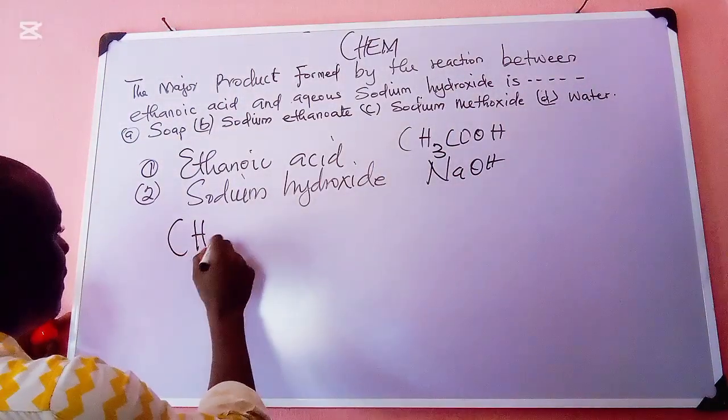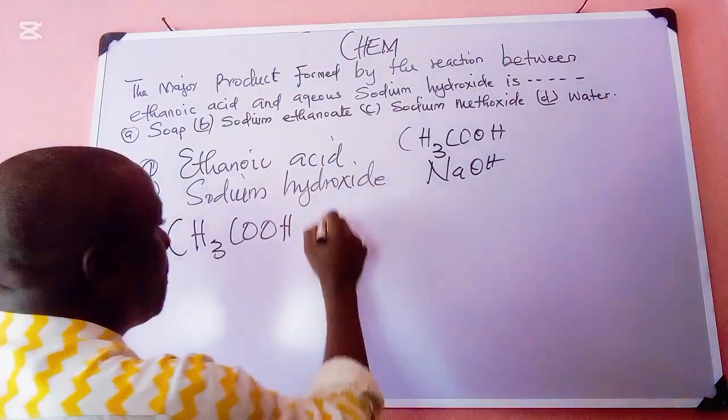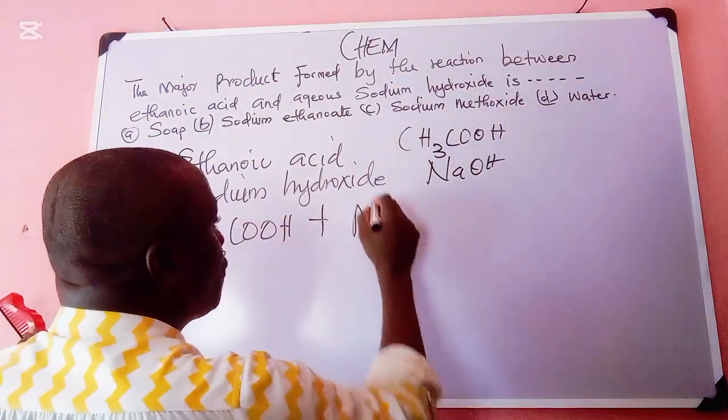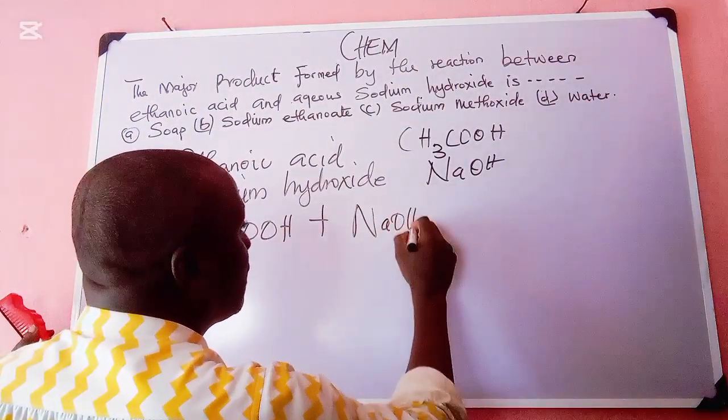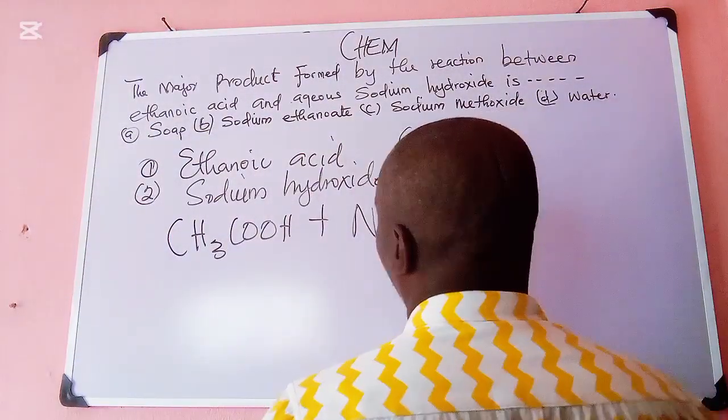So we now have ethanoic acid plus sodium hydroxide. So let's balance the chemical equation.